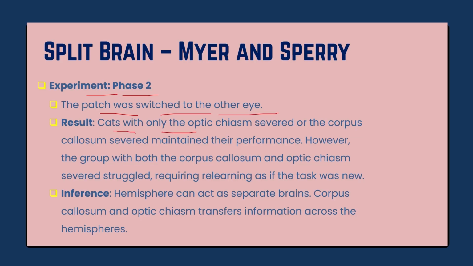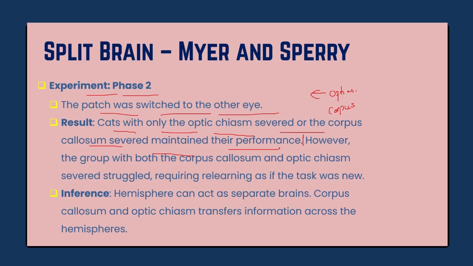Cats with only optic chiasm severed or only corpus callosum severed maintained their performance. Okay, this means they had either optic chiasm present or corpus callosum present. In both of these cases, one of the connections for transmitting visual signals was present.